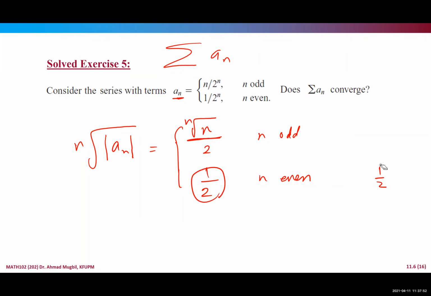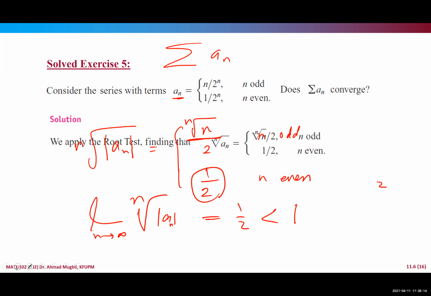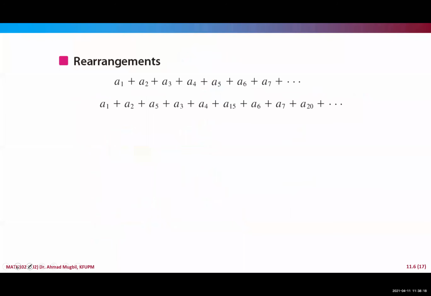So the limit of the nth root is a half. You can also show it by the squeeze theorem. So this means that it is less than 1. So it is absolutely convergent by what? It is absolutely convergent by the root test.